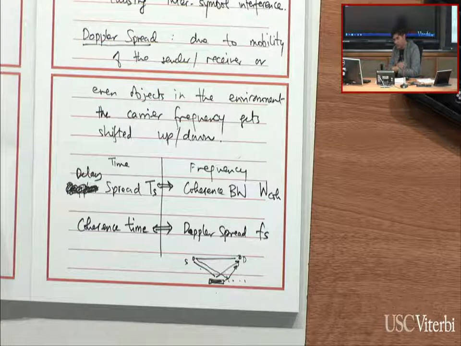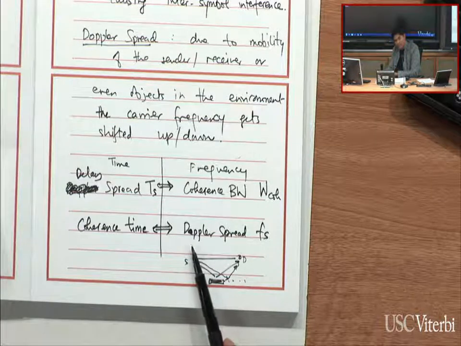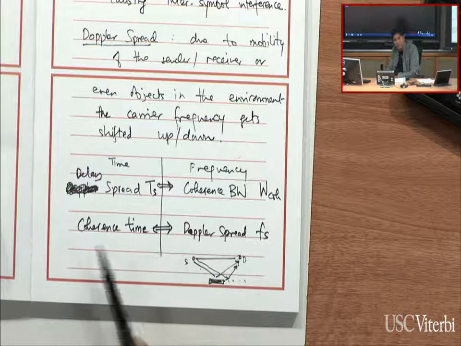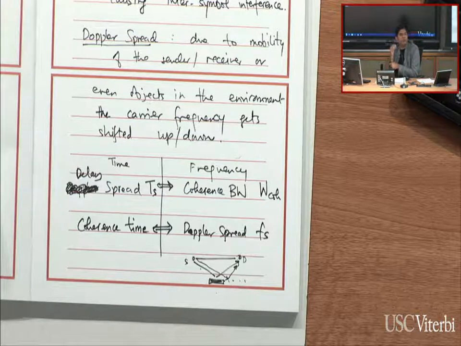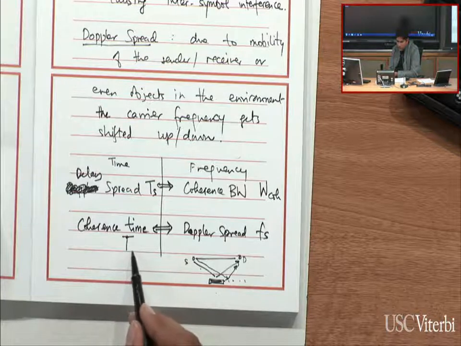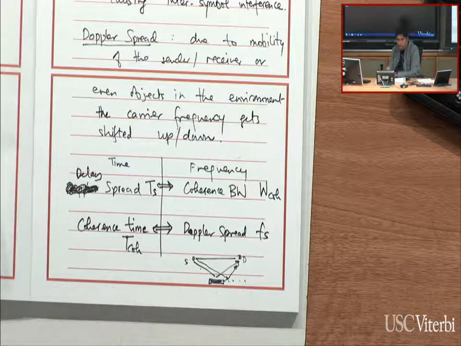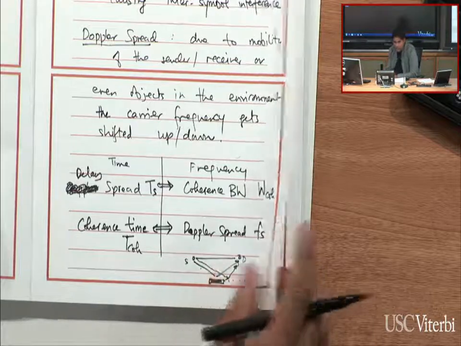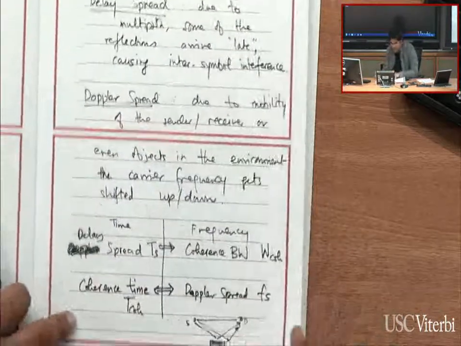Okay? So this movement not only affects the spread in frequency, it also affects how long it takes for a channel to go from being good to bad or from bad to good. This is described as coherence time. Let's call it T coherence. Roughly speaking, these are inverses of each other.